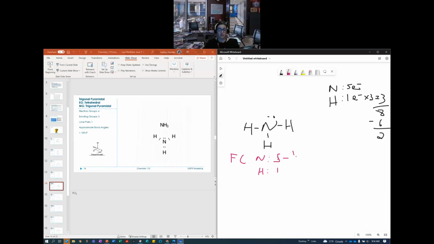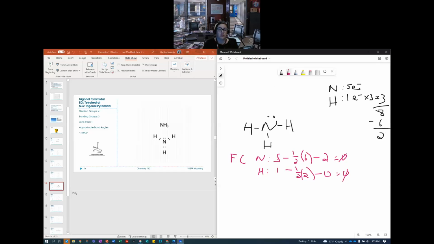I'm going to subtract from the nitrogen half of the 2, 4, 6 electrons that exist in the bonds minus the lone pair, which gives me a formal charge of 0. Each hydrogen should have 1. I'm going to subtract half of the 2 electrons in the bond, and there are no lone pairs there, so that gives me 0 as well. So that's my structure that I'm looking at for NH3.